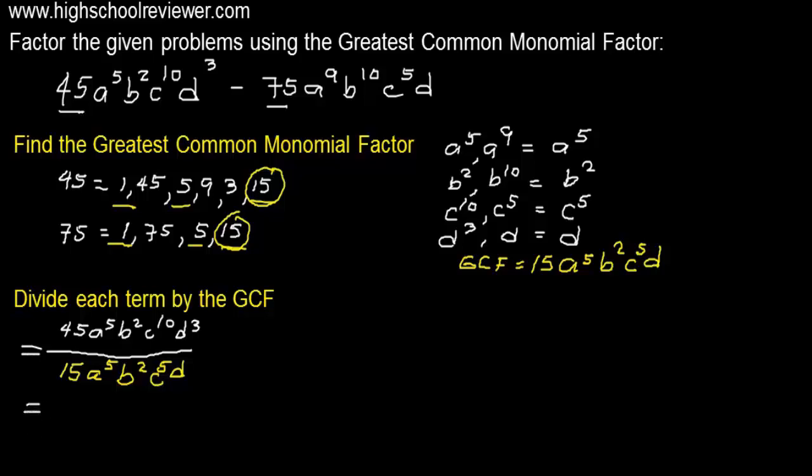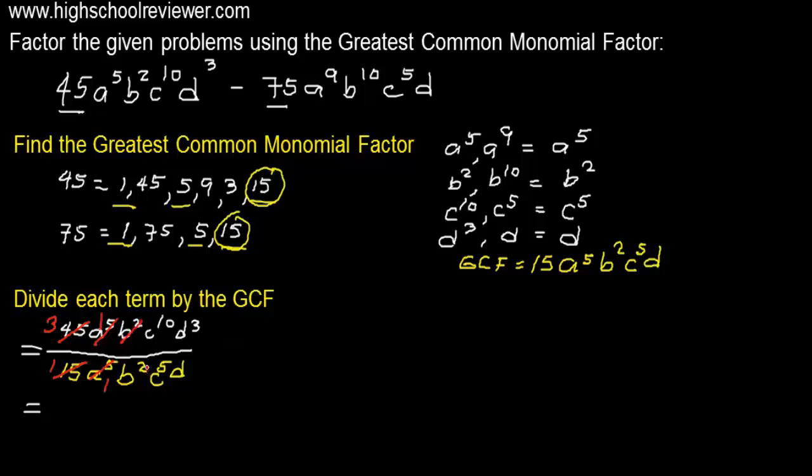Dividing, we have here 45 divided by 15. So 15 is common between 45 and 15. So 15 divided by 15 will be equal to 1, and 45 divided by 15 is 3. A raised to 5 over a raised to 5, we can cancel this since this will now be equal to 1.